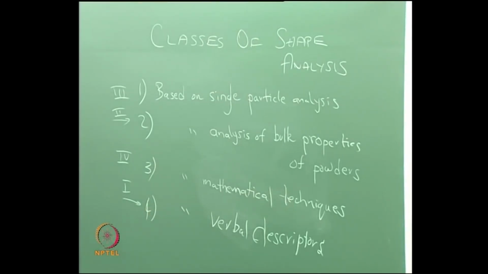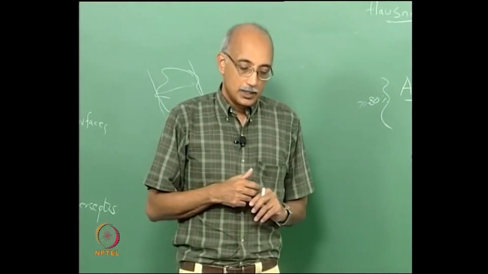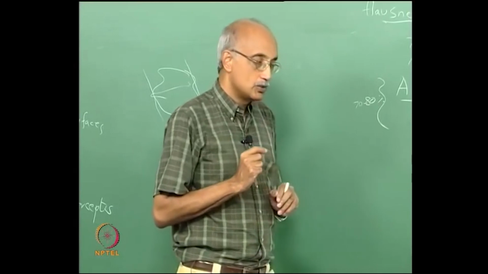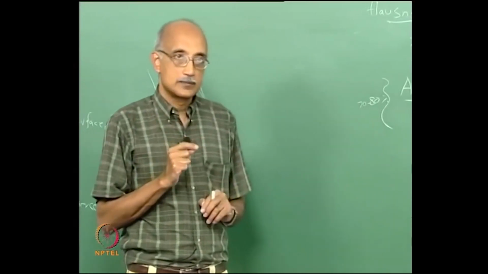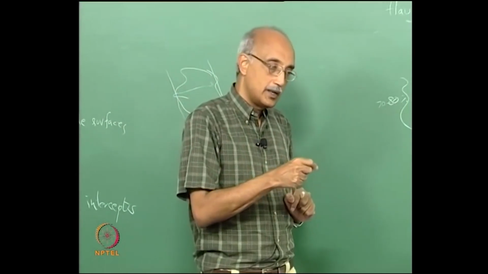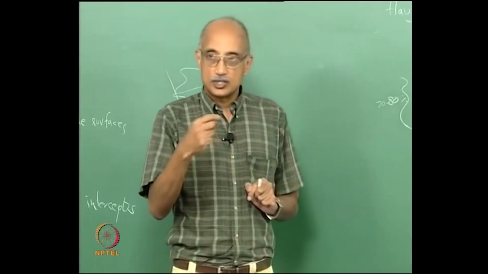And finally, verbal descriptors. Here again, the whole point in shape analysis is to be able to communicate your findings and your conclusions to another laboratory and have them agree with your description.